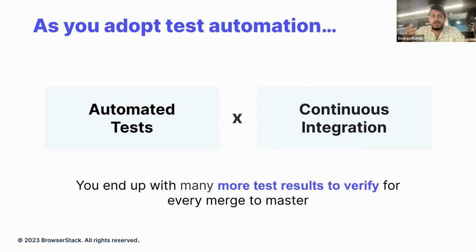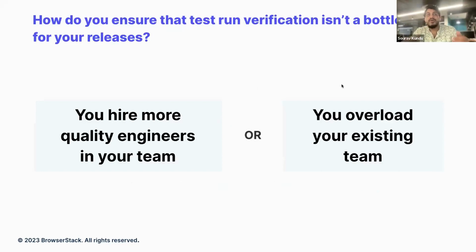The more you run them, the more results you end up with, and the more results you have to verify. When you have more tests to verify, you either have to hire more and more engineers on your team, because testing is not decreasing, every day, every month, every year you're adding more and more tests, more and more automation, or you end up overloading your existing team.